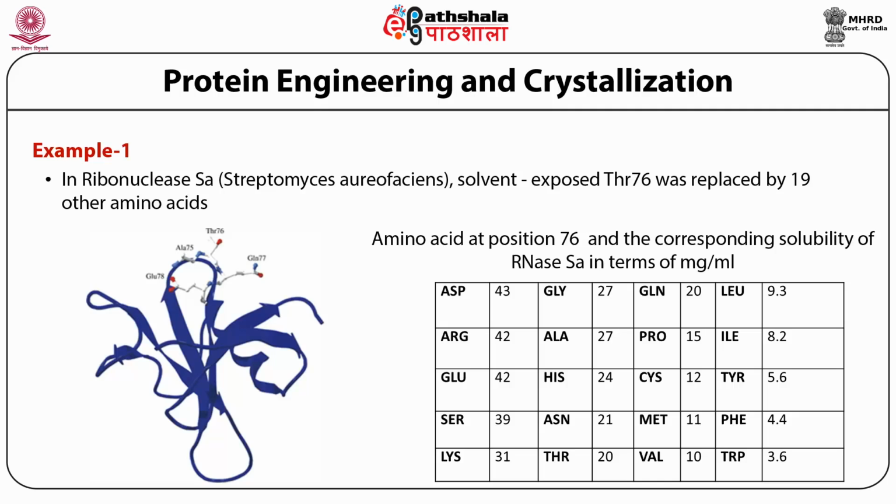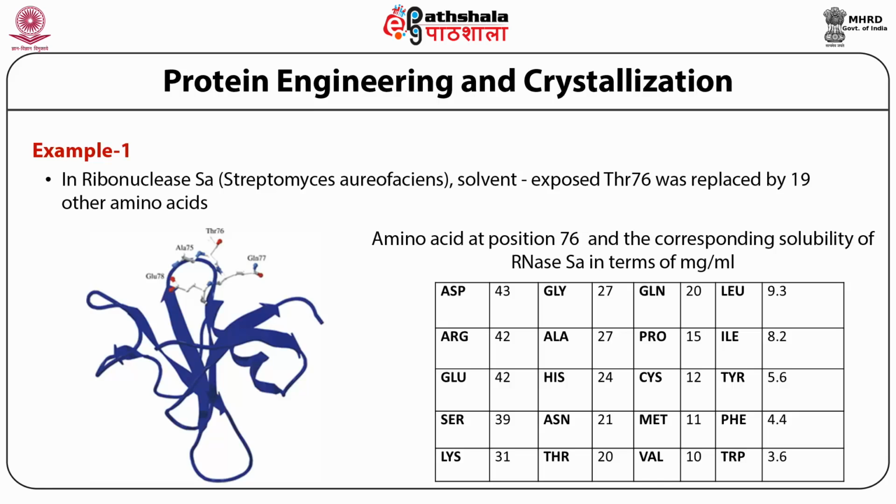By replacing Thr with Asp, we overcame the solubility problem. Thr originally gives 20 milligram per ml. In the wild-type protein, where the 76th position is Thr, the highest solubility is 20 milligram per ml. Upon mutation to Asp, aspartic acid, which is a polar residue, the solubility has gone up twofold.